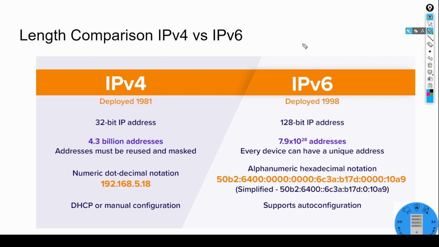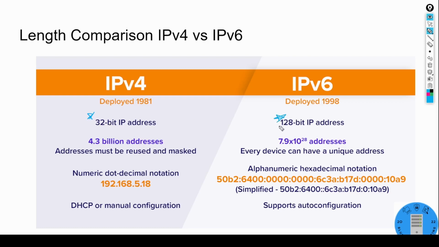The last slide here is the length comparison of version 4 IPs versus version 6 IPs. IP version 4 was deployed in 1981, and it didn't take us that long, because in 1998 we realized that we ran out of IP addresses to give devices. The major comparison that I would know is that IP version 4 is a 32-bit address.